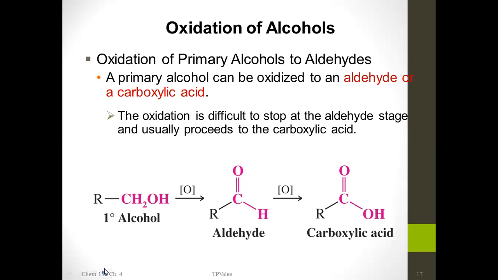So a primary alcohol can be oxidized to an aldehyde or a carboxylic acid. The most oxidized form, as we have mentioned, is always the carboxylic acid. In this case, the oxidation is difficult to stop at the aldehyde stage and easily proceeds to the carboxylic acid.